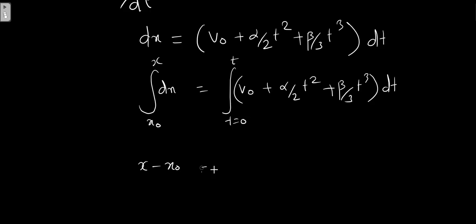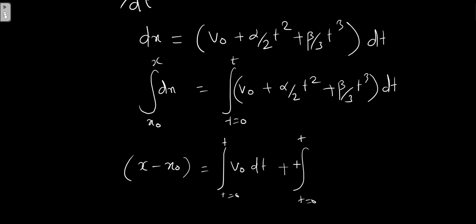Then v0 dt integrated from 0 to t, then the individual integrations from 0 to t of alpha by 2 t square and beta by 3 t cube.